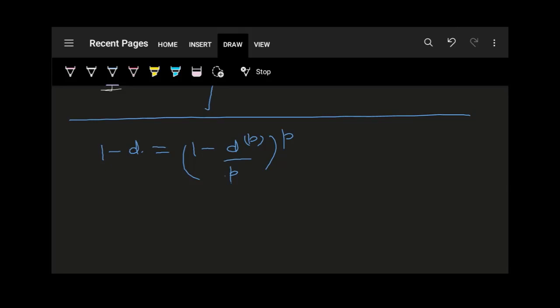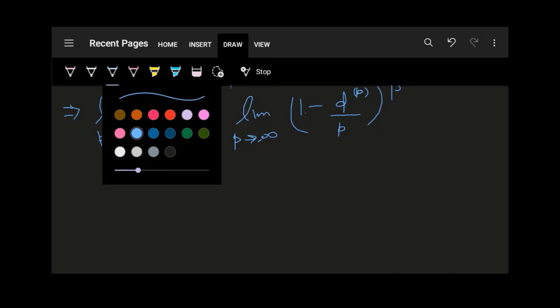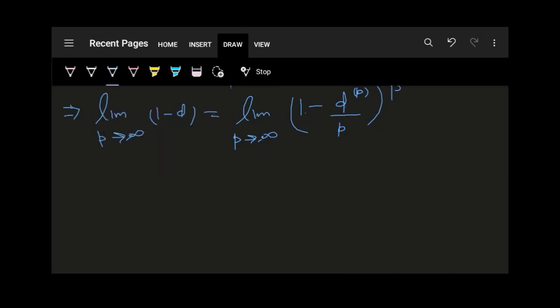Now taking the limit on both sides, limit p tends to infinity, 1 minus d is equal to limit p tends to infinity of (1 minus d(p) upon p) to the power p. Since there is no p term on the LHS, this will be 1 minus d directly.